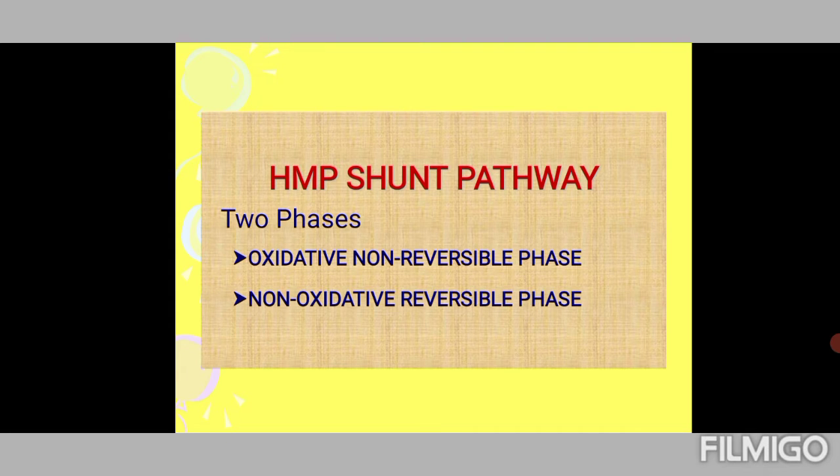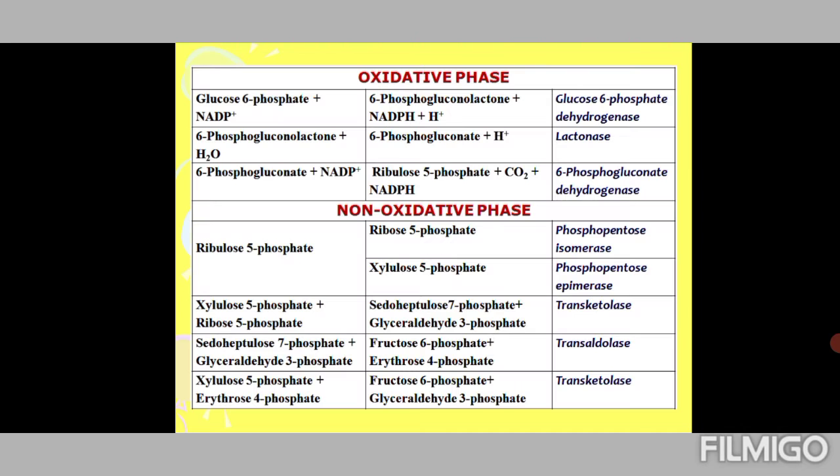The HMP pathway takes place in two phases. First one is the oxidative non-reversible phase, and the other one is the non-oxidative reversible phase. So this is the nutshell of oxidative and non-oxidative phases of HMP pathway.